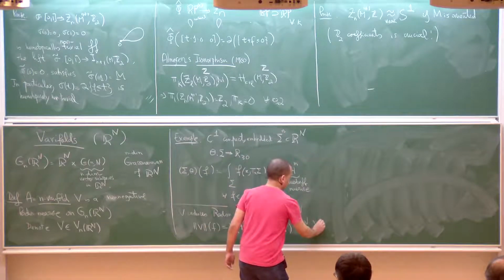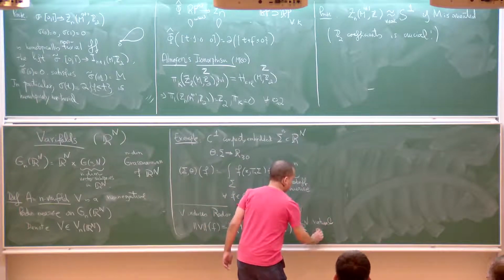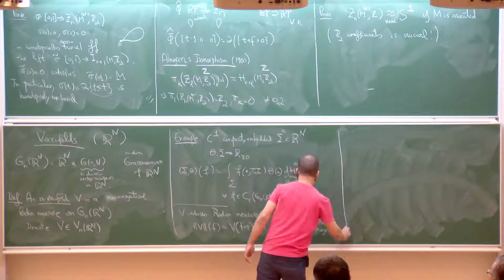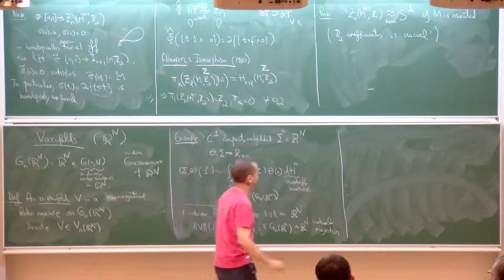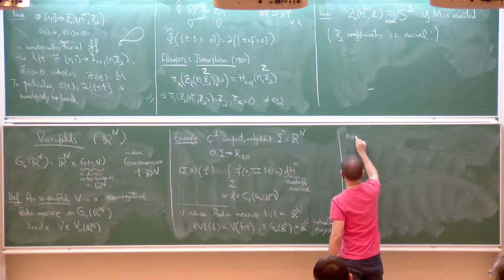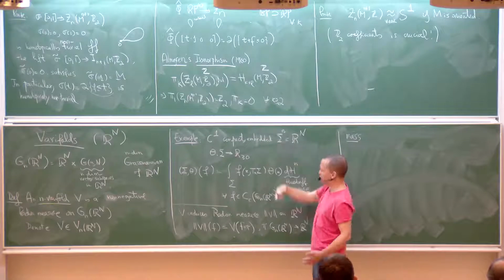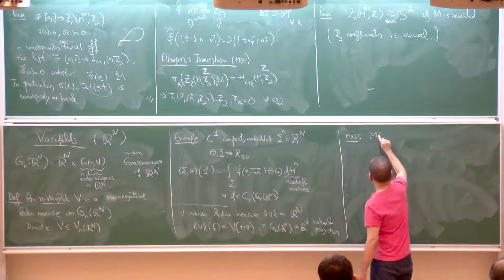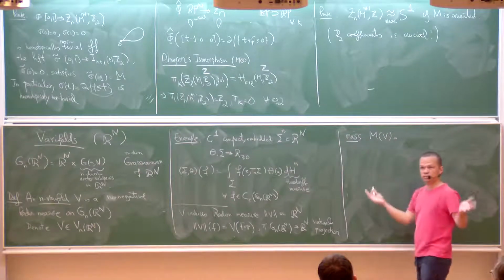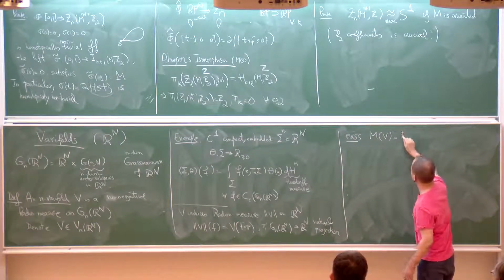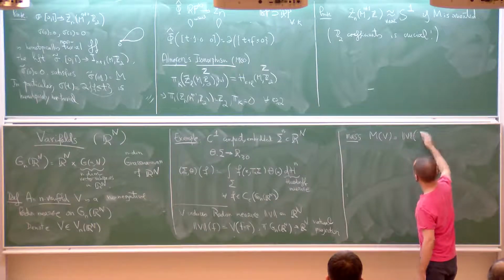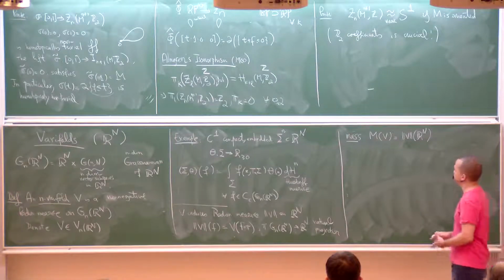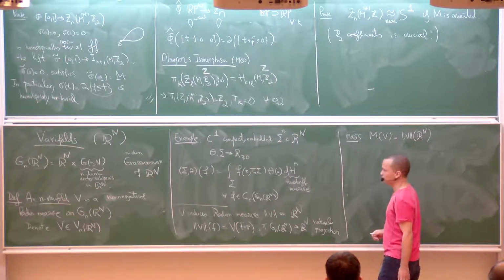Then I have the notion of mass, which basically is the little n-dimensional volume of my varifold. It's just the total measure, so it's this measure evaluated at the whole Rn. This is the mass.